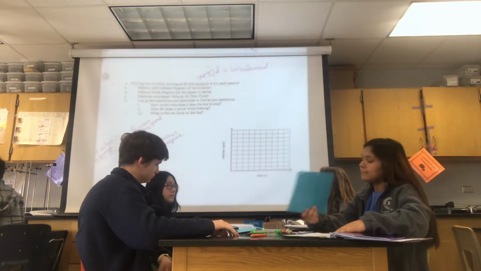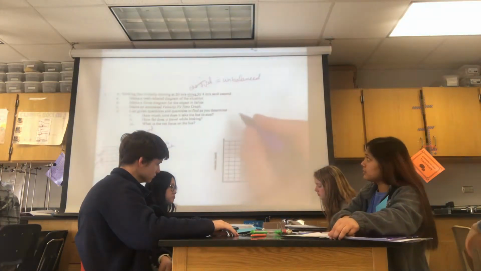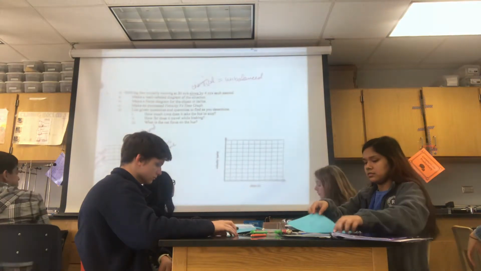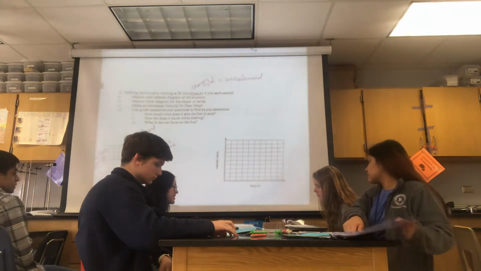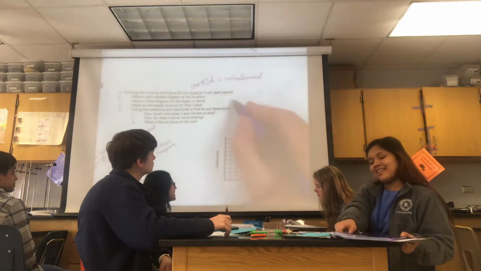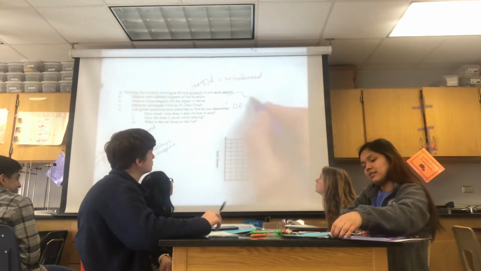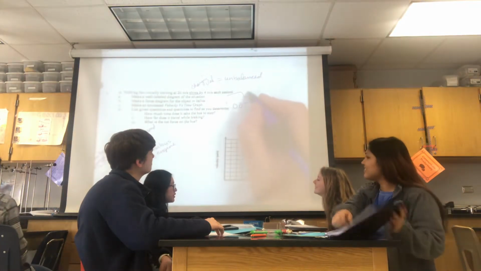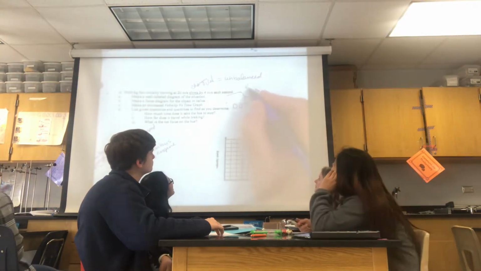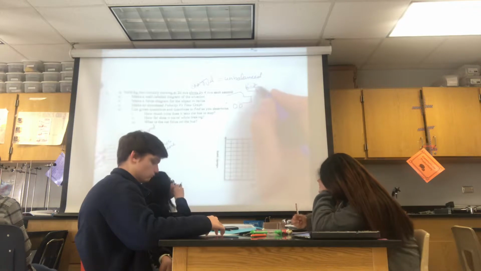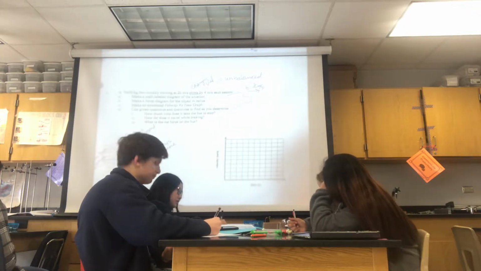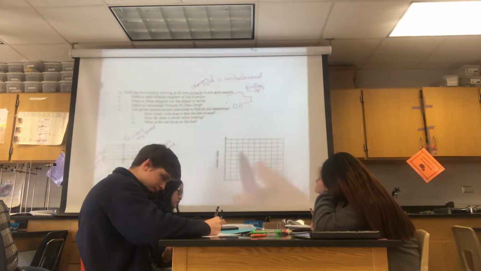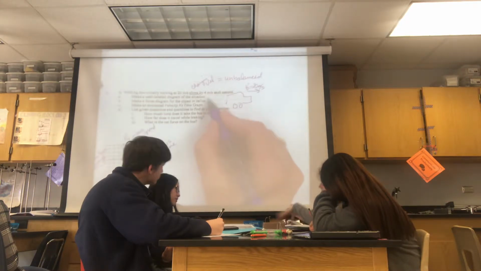Oh, wait, we haven't done a well-labeled diagram, have we? So what's the deal? The bus is doing what? Slowing down. All right, so we've got a V naught of, now, check out this 4 meters per second every second.